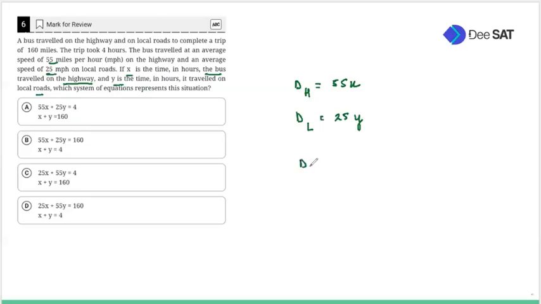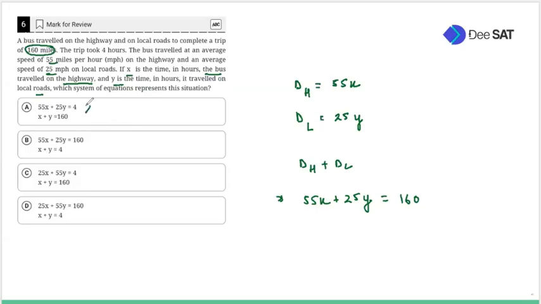So the total distance on highway plus distance on local roads can be figured out as 55x plus 25y, which should be equivalent to the total distance traveled by the bus, which is 160 miles, written in the question.